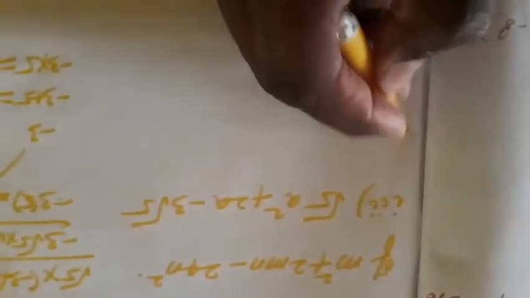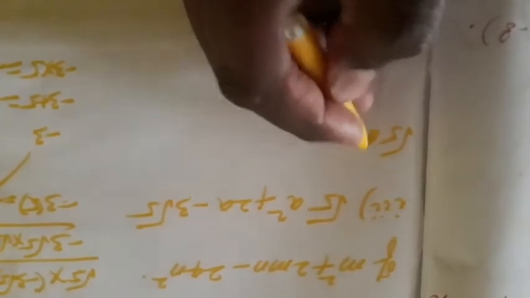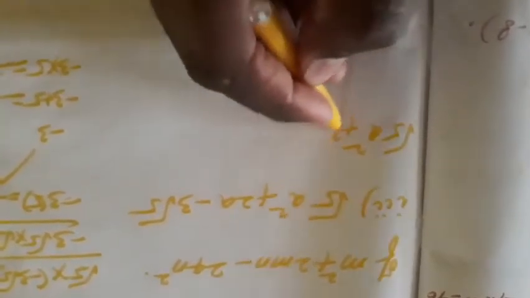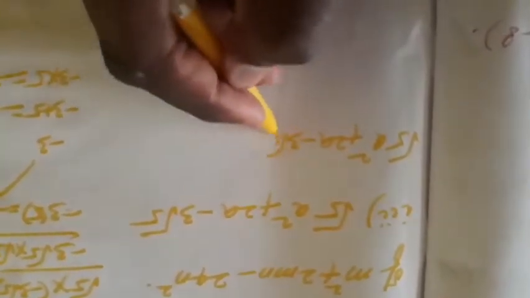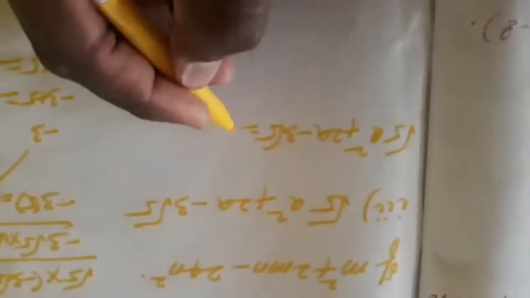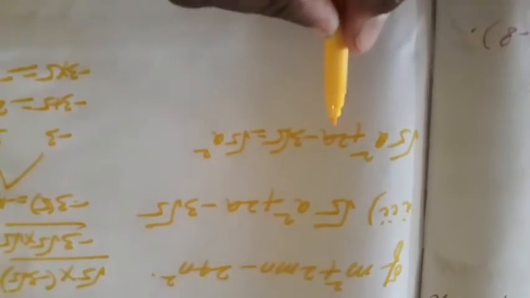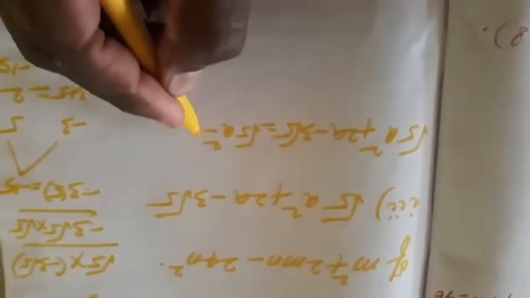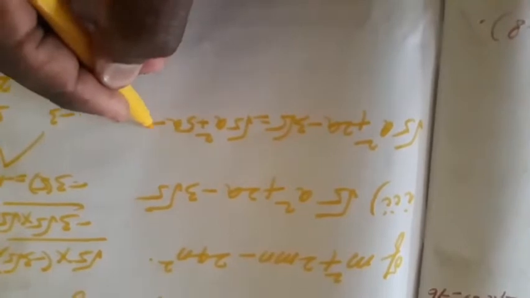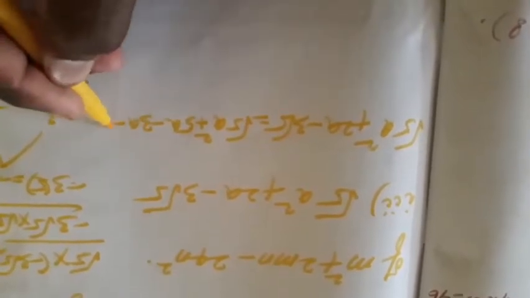Therefore, write root 5 a square plus 2a minus 3 into root 5. The 2a we can split as minus 3 plus 5. So first write root 5 a square plus 5a minus 3a minus 3 into root 5.